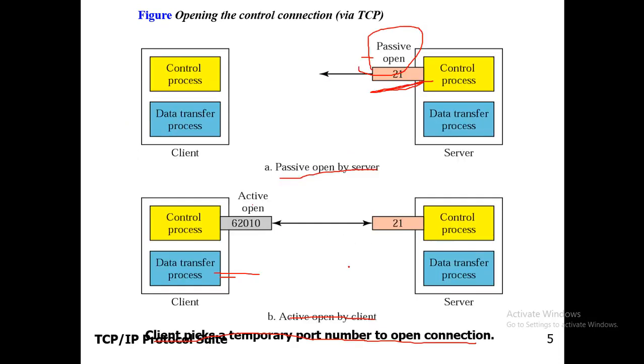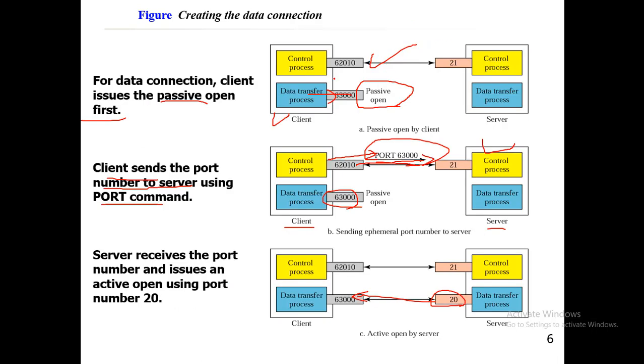So this is a two-step process. Two major steps are involved. The first one is the opening of the control process, and this is done by passive opening by port number 21 from the server side. Later on, when this is received on the client side, the client will respond back. The first thing the client will do is open its passive open port, and it is also sending the port address to the server using the same port number 21, the control connection.